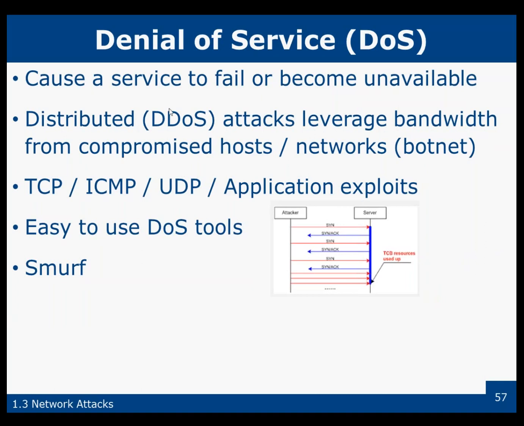Denial of service attacks, and part of the CIA, remember, was availability. Denial of service is going to affect that availability, and the objective is to make it unavailable. We have the distributed denial of service attack, DDoS, that is generally going to leverage the bandwidth from a compromised host, and probably going to have a network, a bot army, out there.